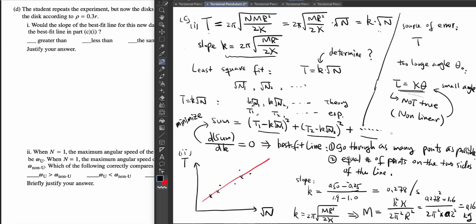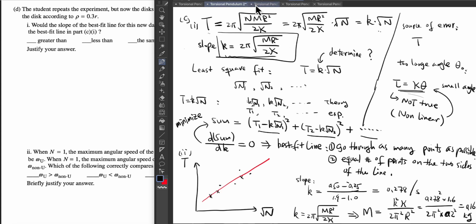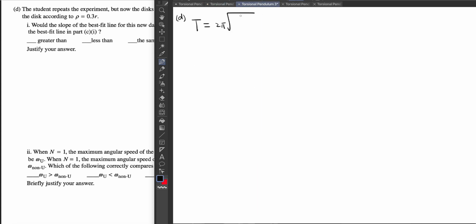So now we need to look at this slope and this expression again. Instead of using 1/2 mr squared, I'm going to use the original. Let me write that down. So part D. The period T is 2 pi square root of I over kappa.